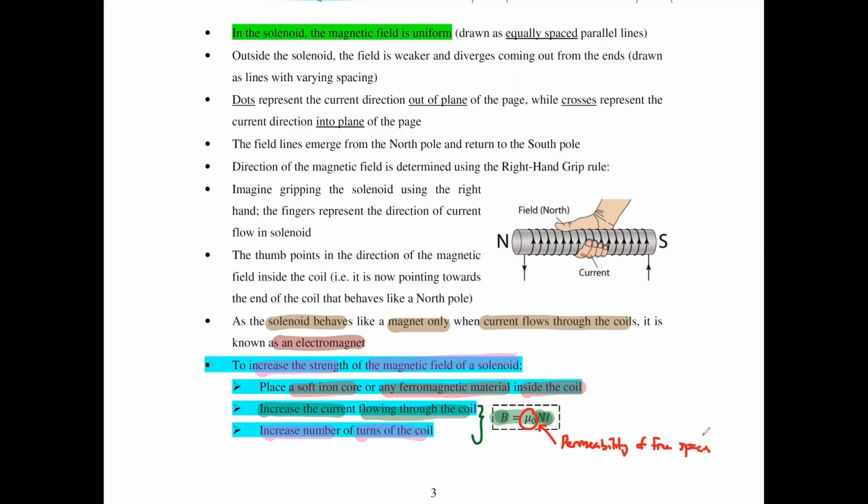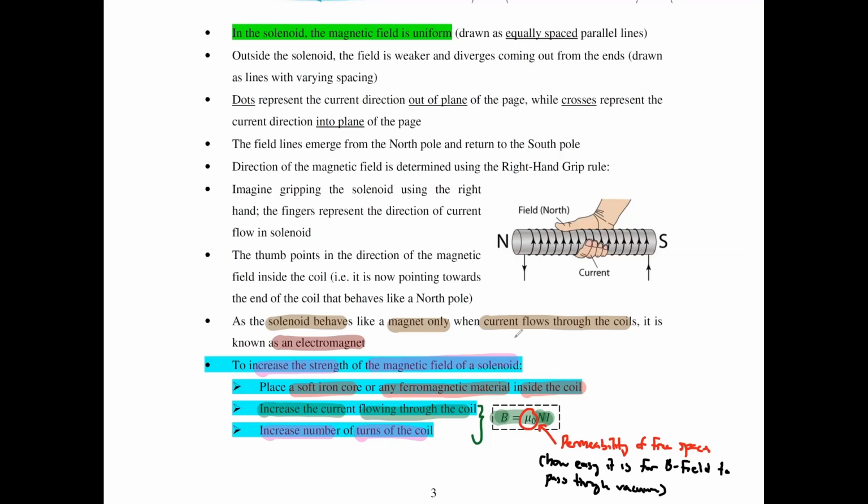What is permeability of free space in the first place? It measures how easy it is for a magnetic field to pass through vacuum. The value of mu naught is actually given inside your data sheet, the second page of your exam paper.